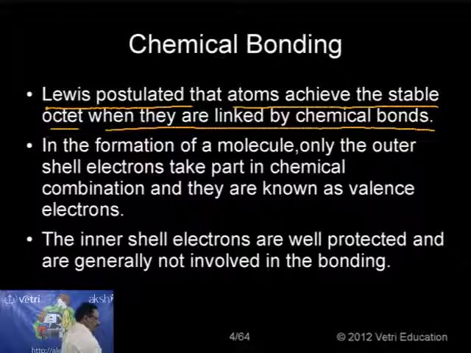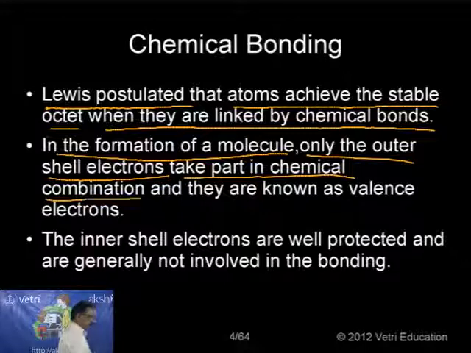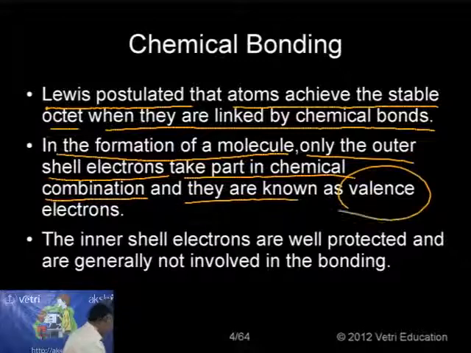In the formation of a molecule or a compound, only the outer shell electrons take part in chemical combination. Kindly follow. This is the interesting information. According to Lewis and Kossel, in the formation of a molecule, only the outer shell electrons take part in chemical combination, and they are known as valency electrons.